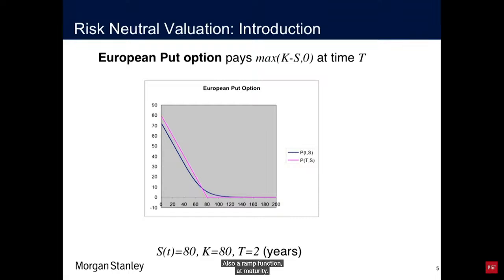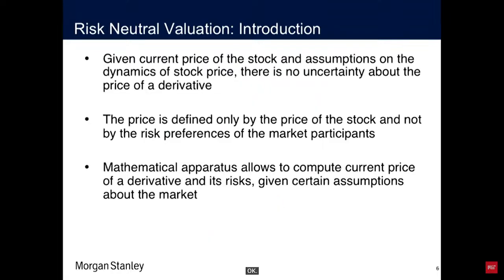Also a ramp function at maturity, and here is the current price. Again, if it's way out of the money, we expect it to be 0. If it's way in the money, we expect it to be slightly below the forward, just because of discounting.